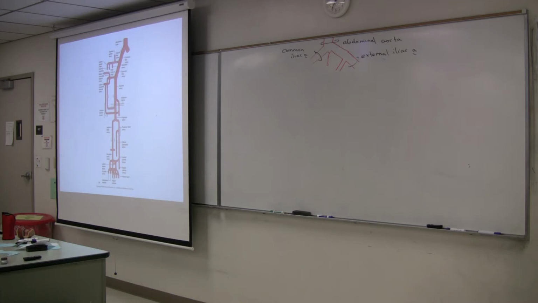This first portion right here is the internal iliac, and all these are branches of the internal iliac. Let me just pass this around so you can take a look at it and get a better idea. Pass it towards the middle, along the wall, and then both of those can end up in the middle. All right? So let me show you a couple of additional images.